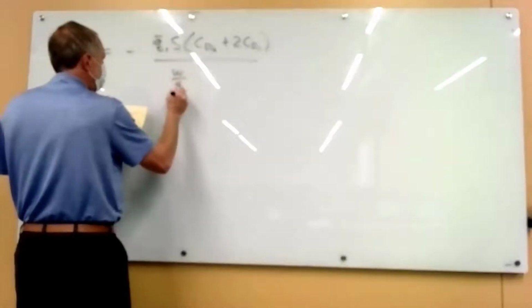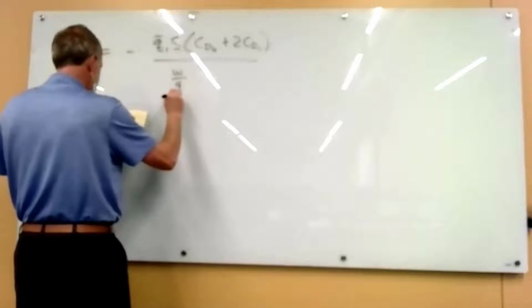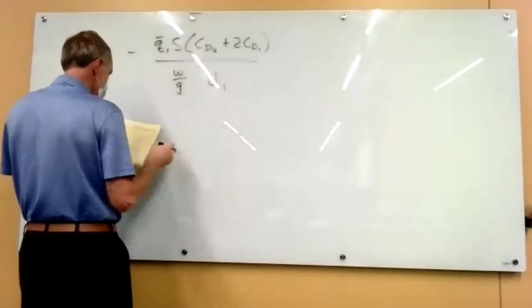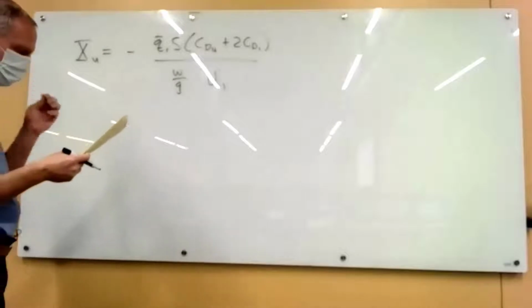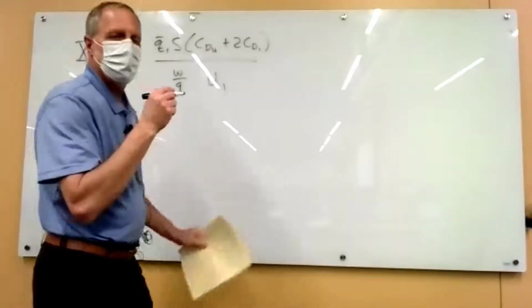so mass is weight divided by gravity. That's how we'll get that. And then here's U1. So everybody copy that down.